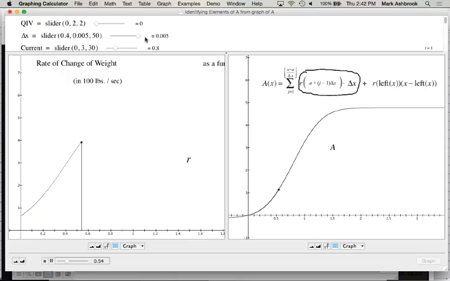I'm still showing the approximate rate function just for a very, very small interval, 0.005. And so we can't really tell the difference between the approximate rate and exact rate. And likewise, we can't really tell the difference between approximate accumulation and exact accumulation.